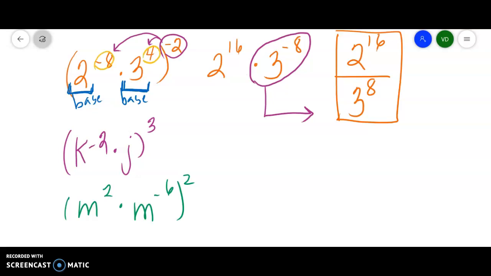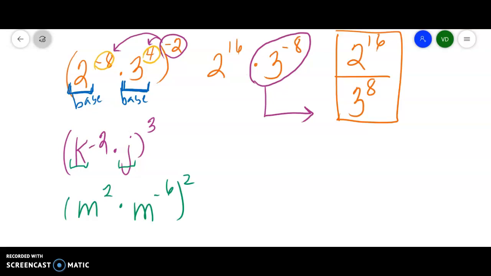So remember, base, whether it's a letter or a number, is the one that is raised to the exponent. So in our next example, my bases are K and J. Those are inside parentheses, but I cannot combine them because they are different bases.